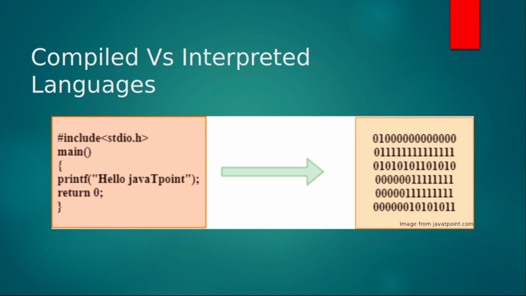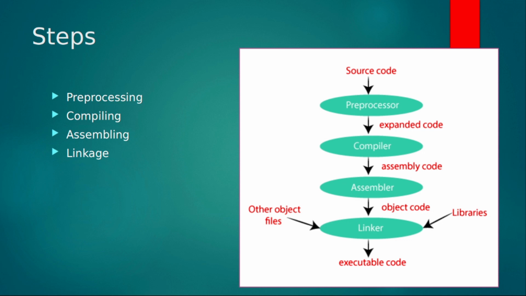But whenever you can just run the program right from the source code, as you're coding, it's an interpreted language. C, which we are coding in presently, is a compiled language, and we need to understand the steps in this compilation process.